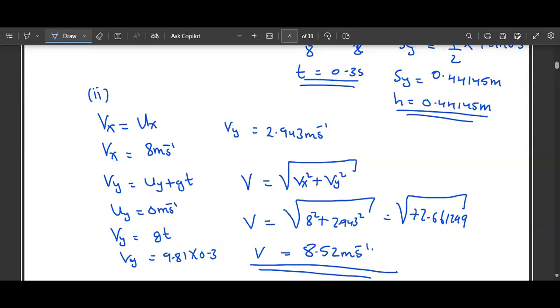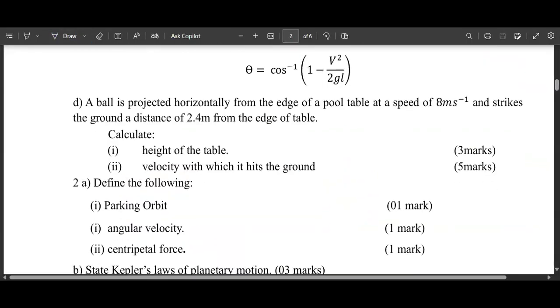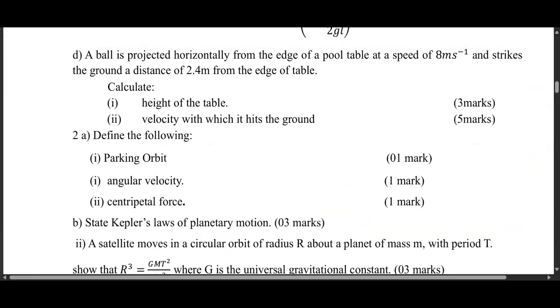From question 2, we shall also look at some questions from section B. So that was part D of question 1.